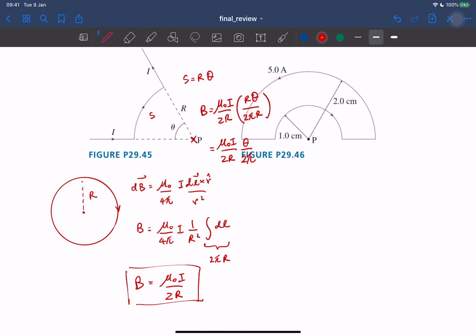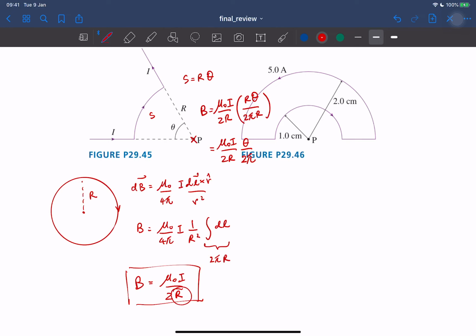So the right one, again, this section of the wire will not contribute to the magnetic field. So the only thing you need to calculate is from this and from that, the inner semicircle and the outer semicircle. It's half of the circle, so it's very easy to just divide by half.